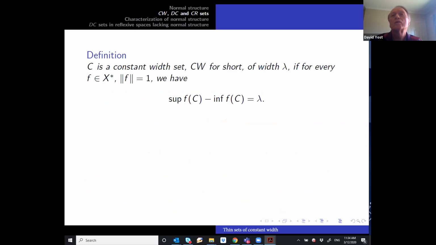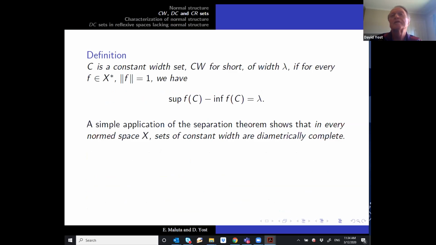So I'll call a set constant width if, this is not the simplest definition, but I've got the simplest definition on a coming slide. A set is constant width if it's got the same width in every direction. So one way to define that is in terms of supporting functional. So X is now a norm space, and for every norm one functional, the difference between the supremum and the infimum of the functional on that set is a constant.